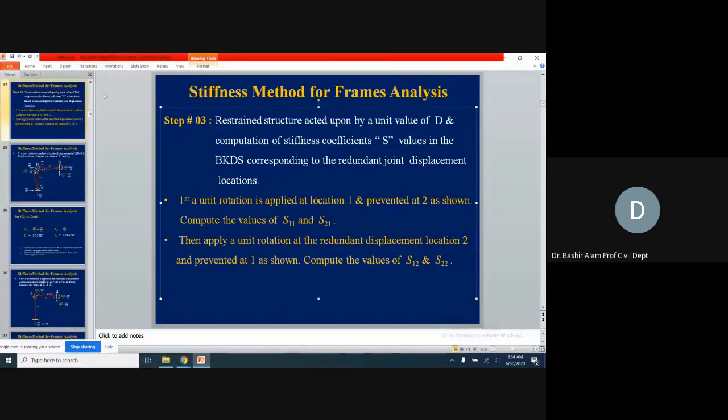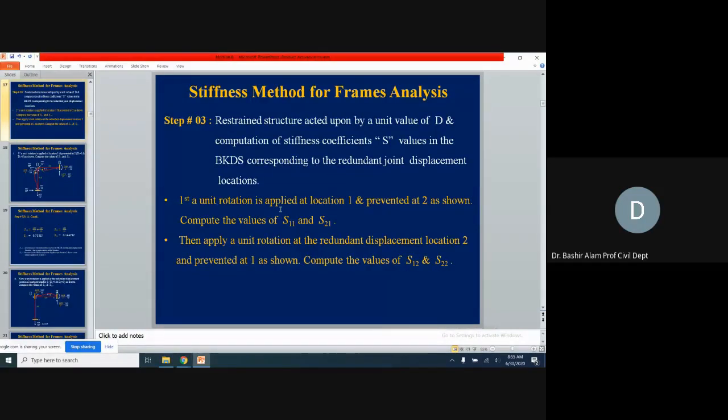How do we proceed in this case? First, a unit rotation. Why unit rotation? Because rotation was the unknown in this case. If the translations are unknown, then you will have to apply a unit translation. So first a unit rotation is applied at location 1 and prevented at other locations.